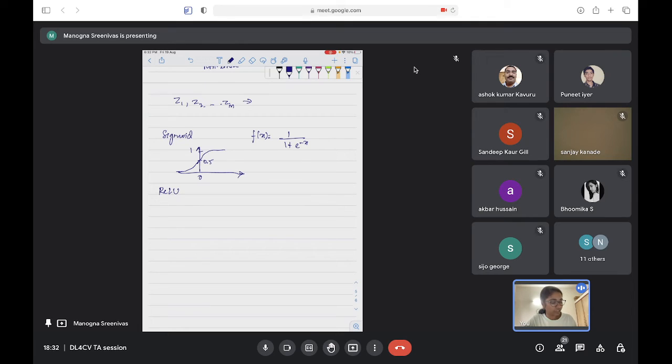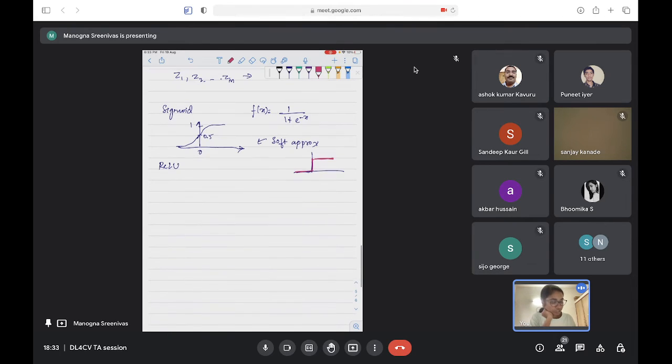So this is like a soft approximation of hard thresholding. Earlier in my perceptron algorithm, I only cared whether it crosses 0 or not, right? So the function I was using was this. If it crosses 0, I'll put it to 1. If it doesn't cross 0, then it's this. So this is a soft approximation of hard thresholding.